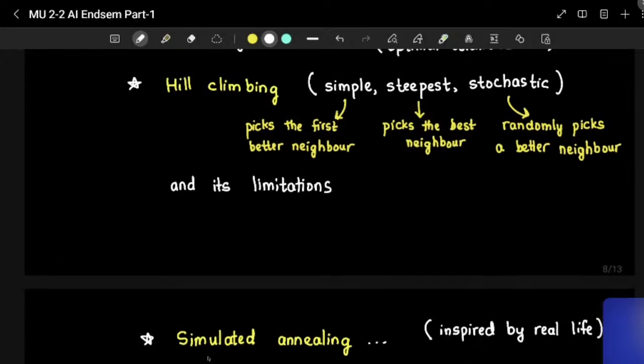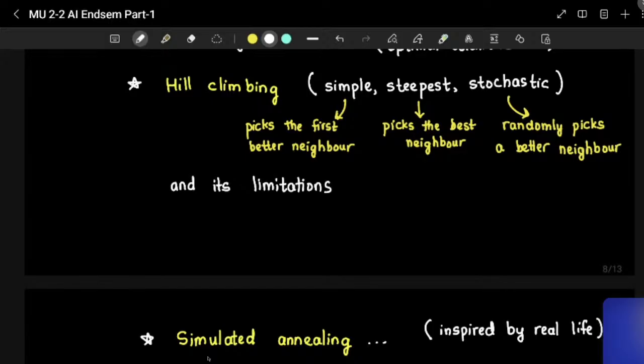Steepest hill climbing is, instead of picking the first better neighbor, go through all the neighbors and pick the neighbor that gives you the best evaluation function value. That is steepest hill climbing. Stochastic hill climbing is similar to simple, but it's not going to go in an order. It will randomly generate a neighbor and then check if it has a better evaluation value or not.